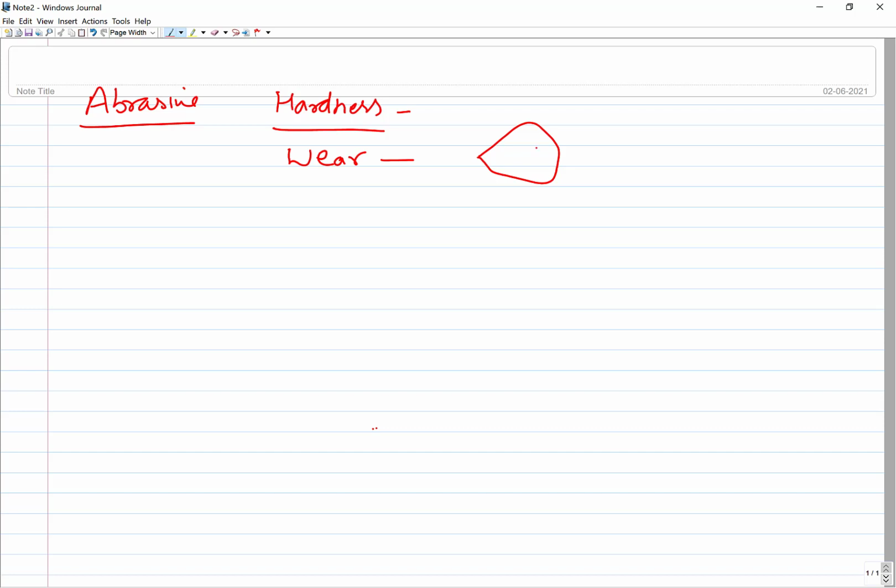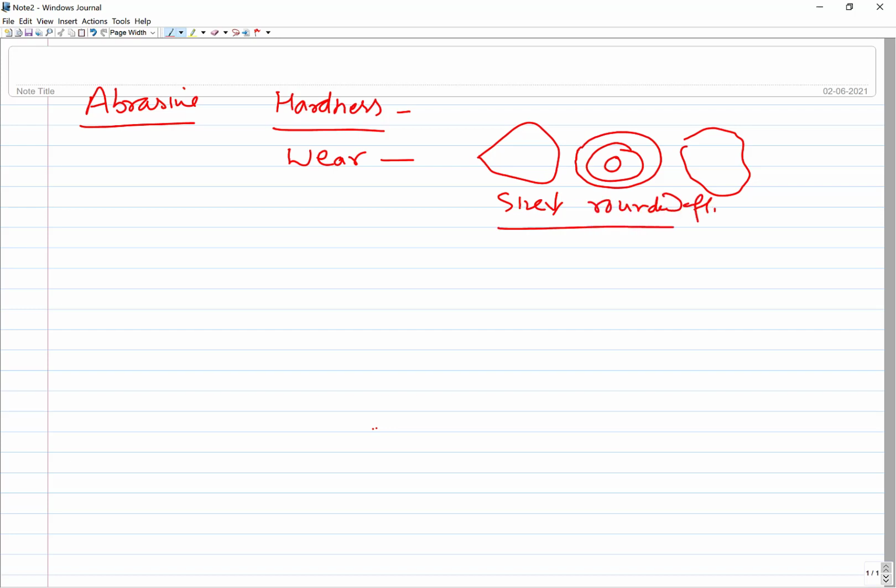Say initially if it was this, so certainly during the grinding the size and shape of the abrasive will be modified, and mostly these will get rounded off and smaller in size. Not just the sharp edges will be rounded off or removed, but the size will also be reduced. So when the wheel abrasives wear out, the size is reduced, one, and they get rounded off.